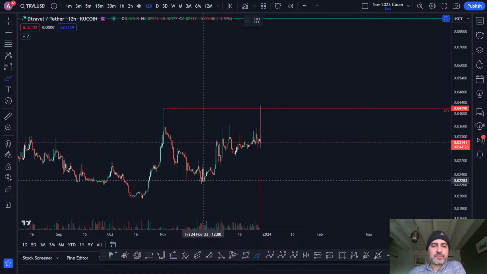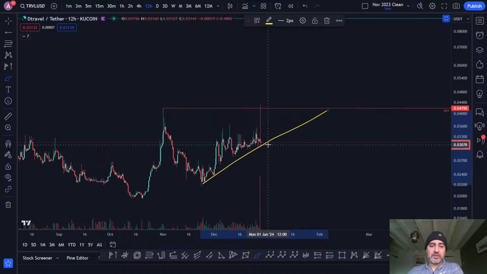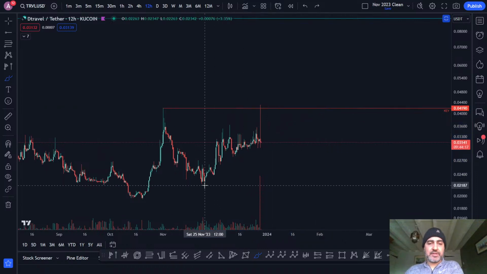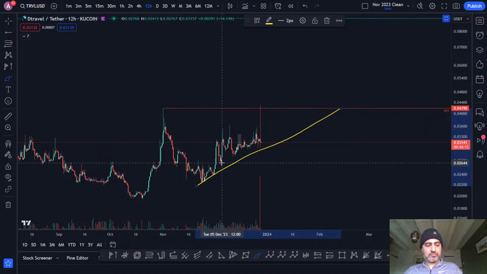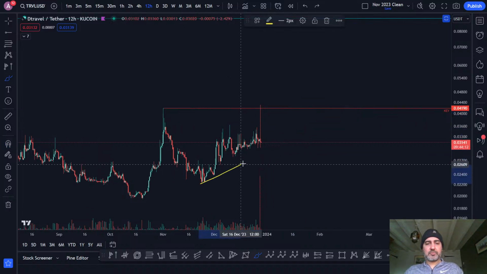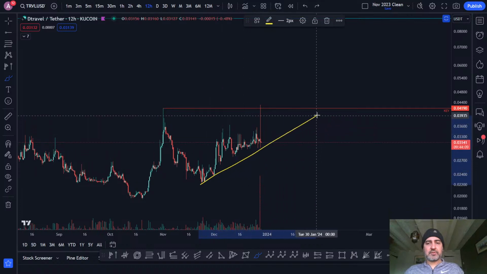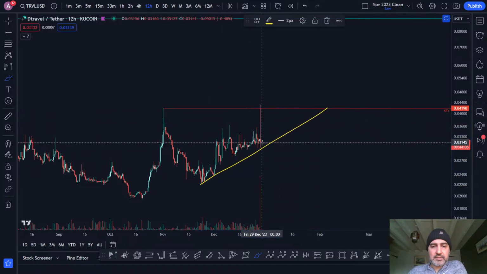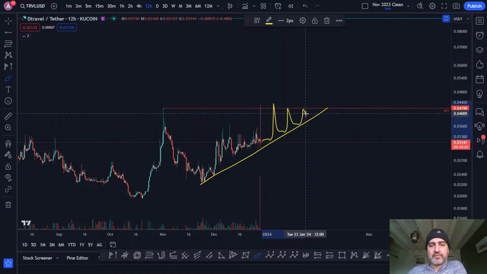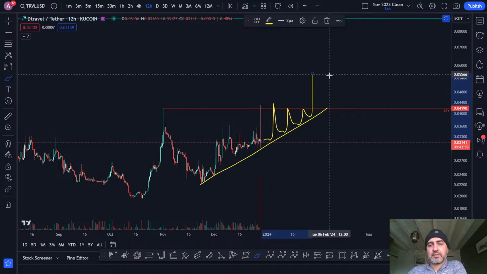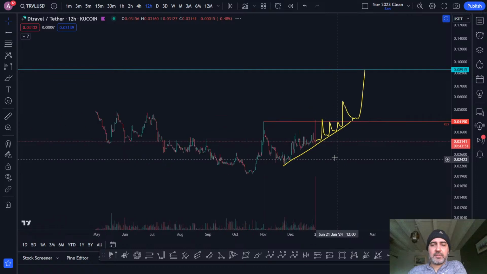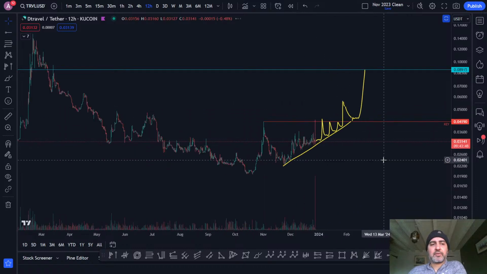If you can imagine this, I don't know if we are or not, I'm just making this up really, but if we're creating some kind of triangle now, that's what the bulls need to do: make higher lows and keep on testing that level till it breaks, and then when it retraces, hold that level, and then you'll get a continuation. That's kind of what the bulls are trying to do now.